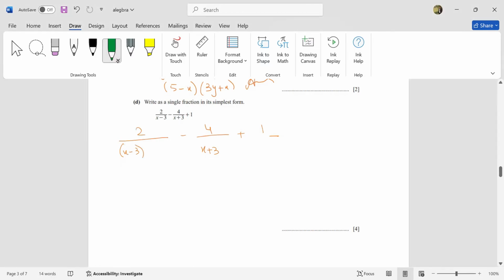Okay, I'm multiplying this with x plus 3, x plus 3. Next one, this with x minus 3, x minus 3. And here with both x plus 3, x minus 3, bracket x plus 3, x minus 3.